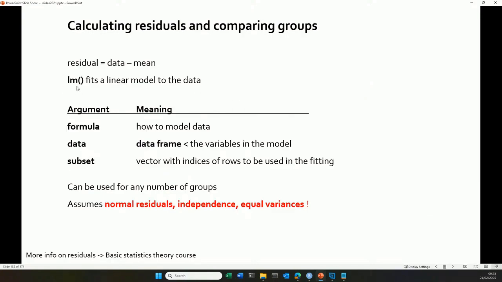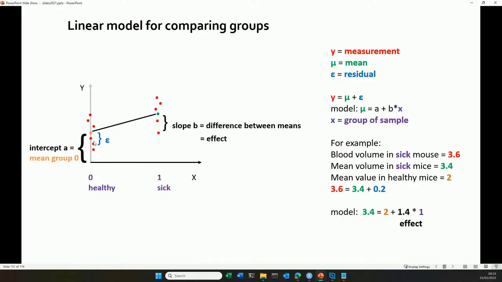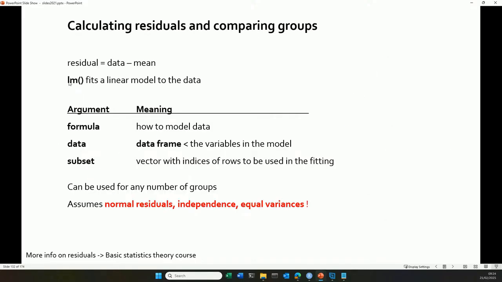So we use LM for comparing groups, but, and this is very important, there are a few rules that must be followed. It only works when your data or your residuals, so the differences, are normally distributed. The groups must be independent.